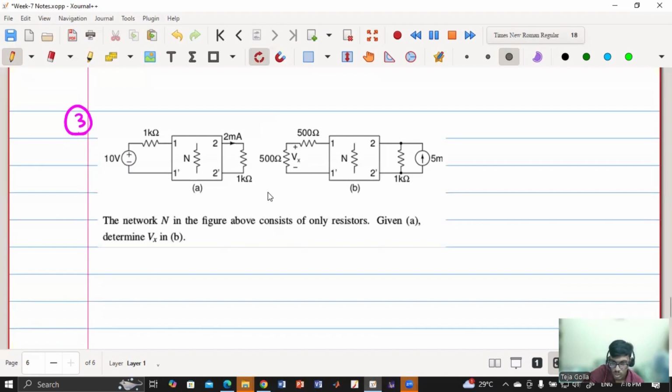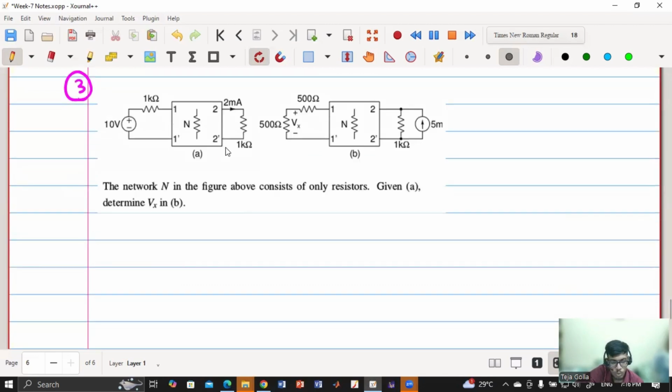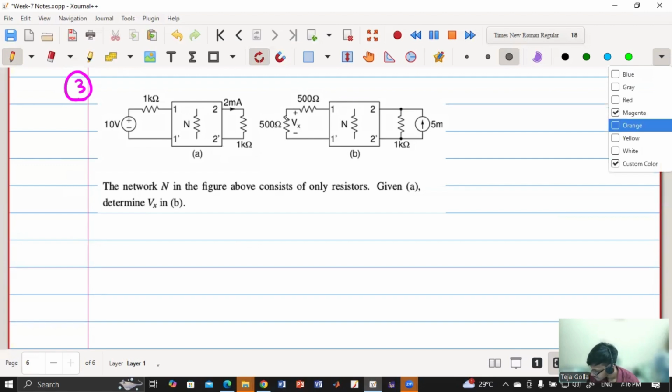One result you have to keep in mind: any two-port network with resistors is always reciprocal. Sir has explained this proof in his theory, so I'm not going into the proof.